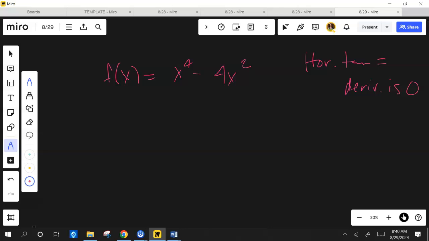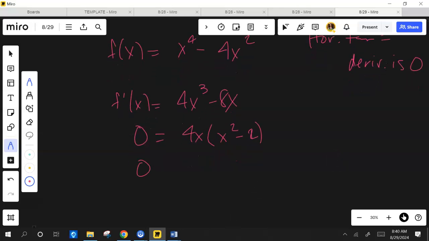All right. So, derivative 4x cubed minus, how are we feeling about the product rule now? I mean the power rule. Yeah. All right, 0 equals. I'm going to factor out a 4x, leaves me with x squared minus 2. I've got x equals 0, and I've got x equals plus or minus square root of 2.